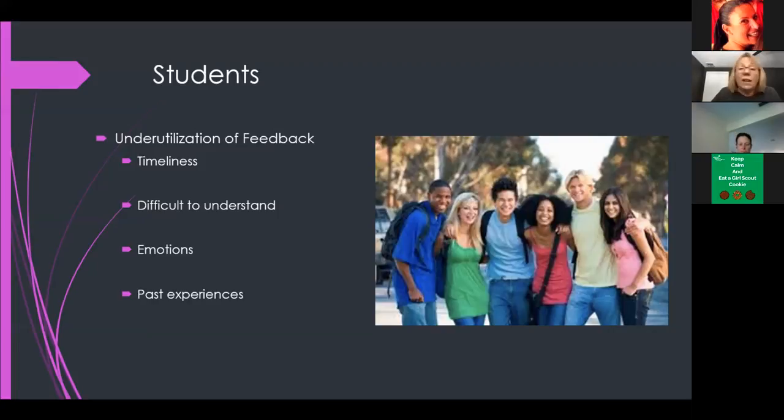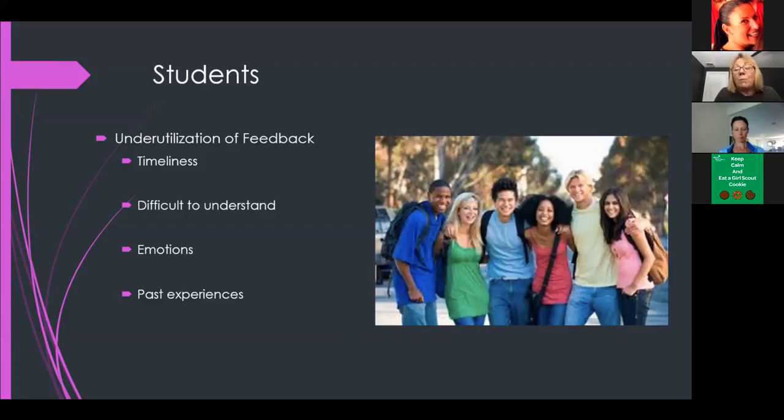I'll just do my work, I'll get my B's and C's, and I'll pass. And then interesting, I thought, was past experiences with feedback. Some of the research out there implies that some of the students really never got feedback.